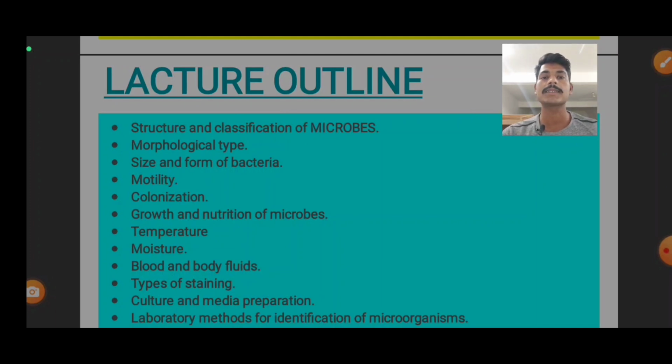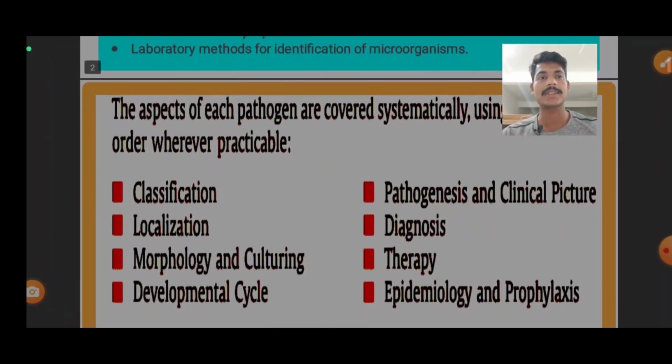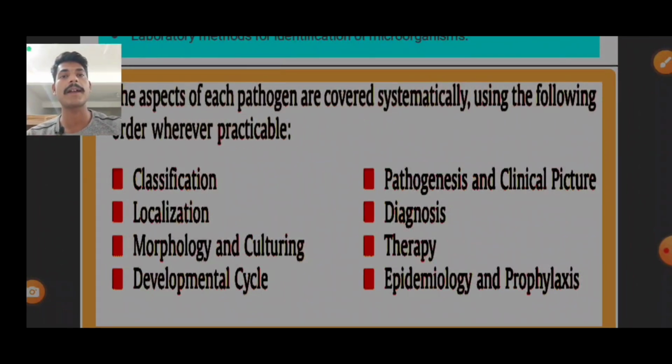Then we will discuss the types of staining, then culture and media preparation, and then laboratory methods for identification of microorganisms.